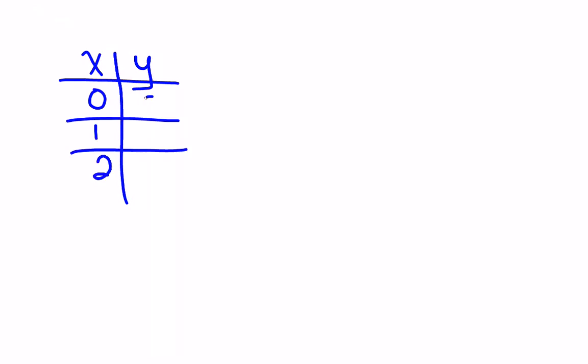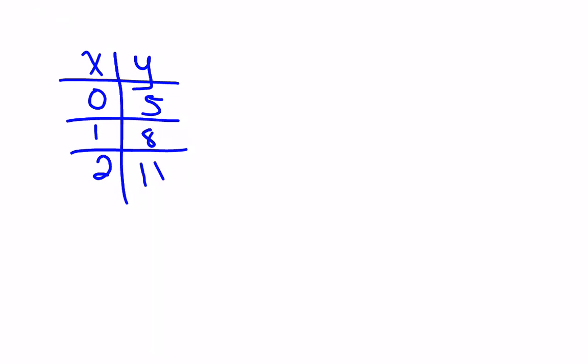So if I had a table of values that were 0, 1, and 2, 5, 8, and 11, then the inverse to this, notice that there's no repeat x's and no repeat y's, so this is one-to-one.